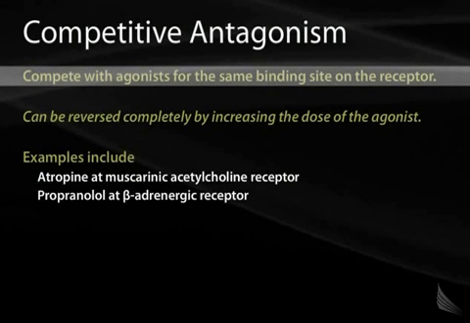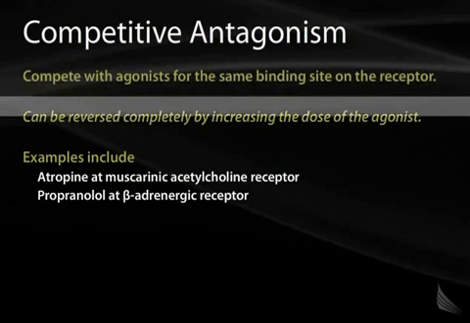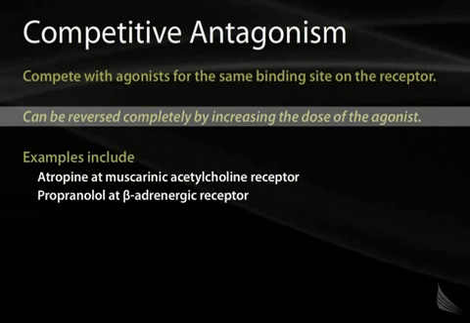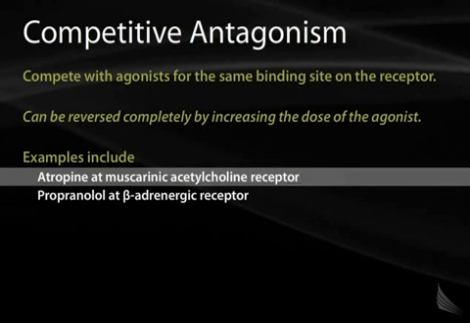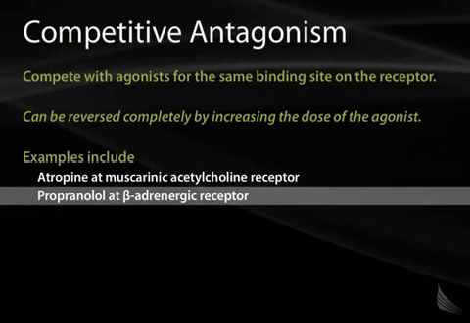Again, competitive antagonism involves competition with agonists for the same binding site. With competitive antagonism, it's very important to remember that by increasing the dose of the agonist, you can reverse the antagonism. An example of this would be atropine at the muscarinic acetylcholine receptor and propranolol at the beta-adrenergic receptor.